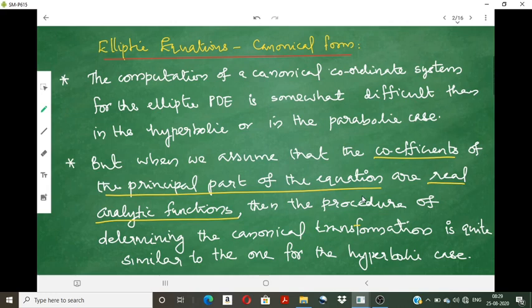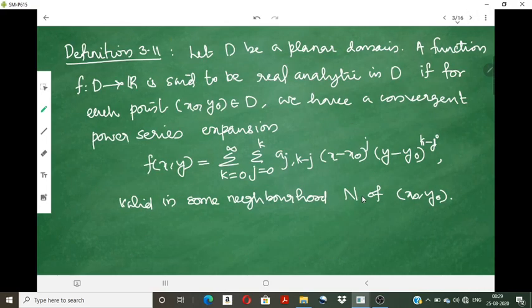So we move to the definition. Let D be a planar domain. A function f from the domain D to the real numbers R is said to be real analytic in D if for each point x0, y0 in D, f of xy has a convergent power series expansion in some neighborhood of that point x0, y0.